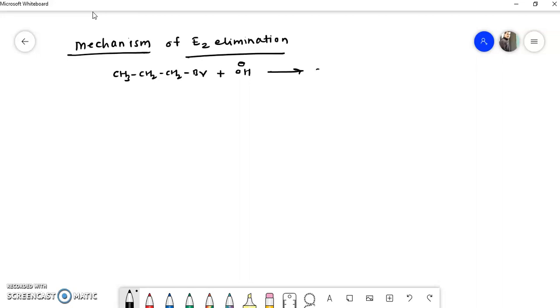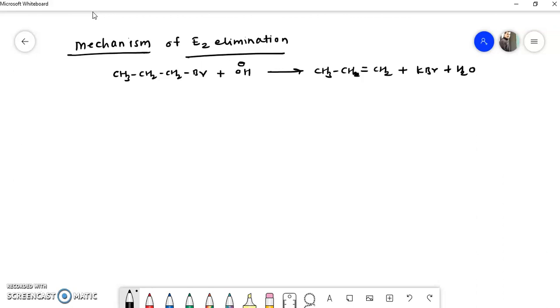There is a formation of CH3 CH double bond CH2 plus, say, KBr plus water. Okay, so this is the example.